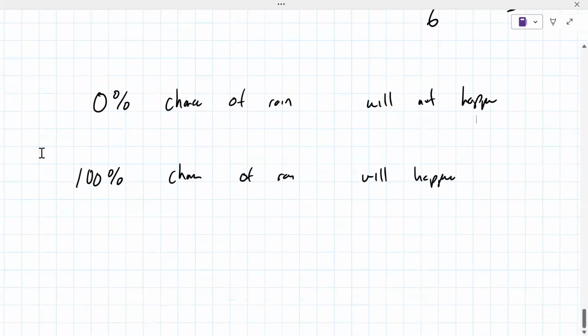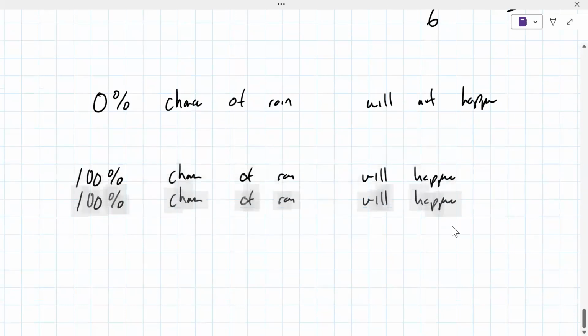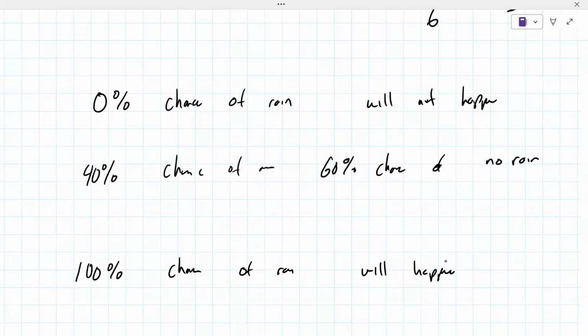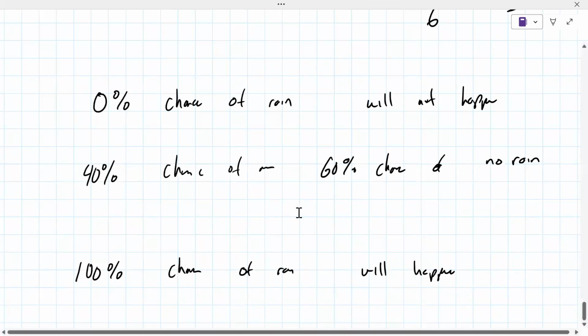Now we often make the mistake of thinking that 40% chance of rain also means that it's 60% chance of no rain. That's not really true. Well, it is if you believe that it either rains or it doesn't rain.